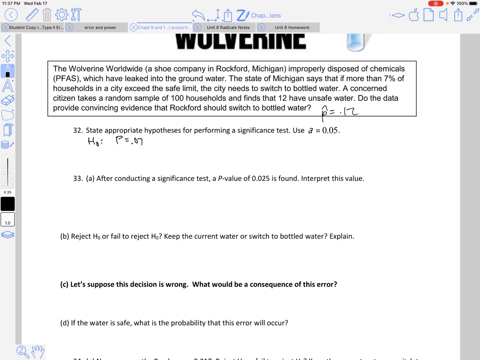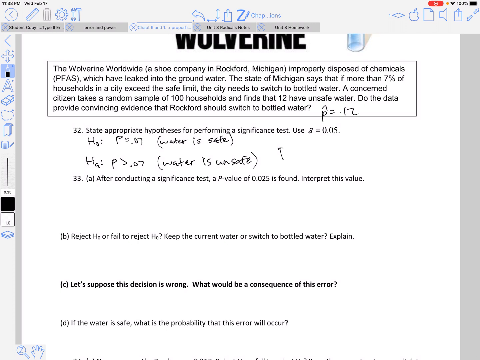And so just in words, we're saying the water is safe. Now the alternative, because we have that evidence, we're going to say, I think that our true proportion of houses that have unsafe water is actually greater than 7%. And so what we're saying here is that the water is unsafe.